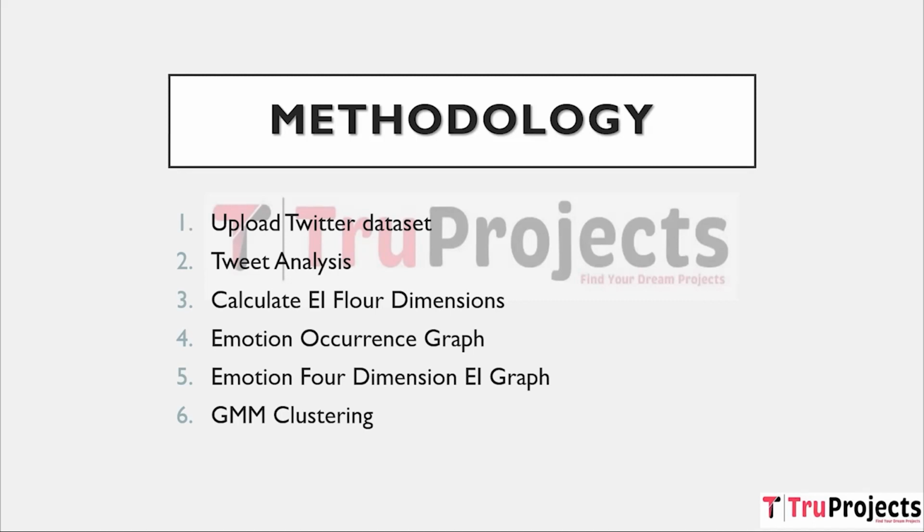Third module is calculate EI 4 dimensions. Building on the sentiment analysis, this module calculates the 4 dimensions of emotional intelligence for each user based on their tweet sentiments. First one is self-awareness. In that, the sensitivity of positive words is assessed to determine user self-awareness. Second one is self-regulation.